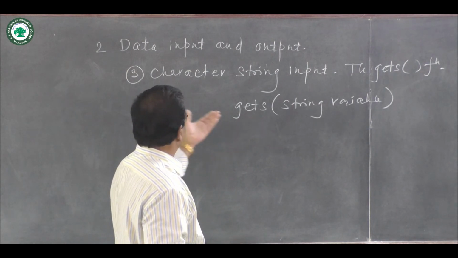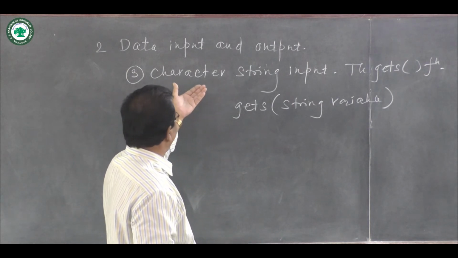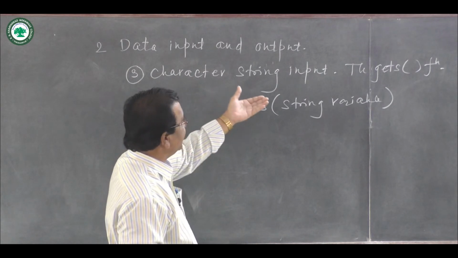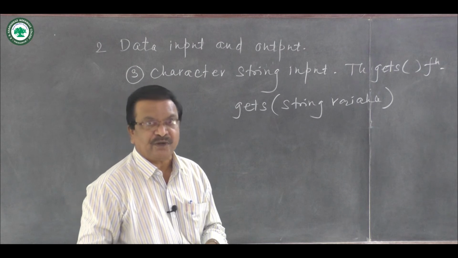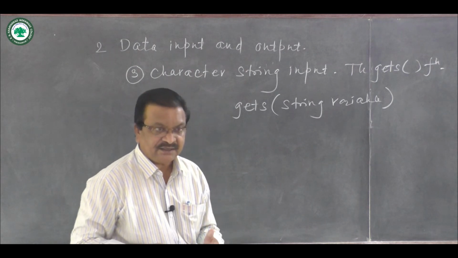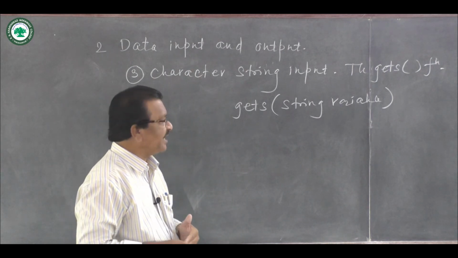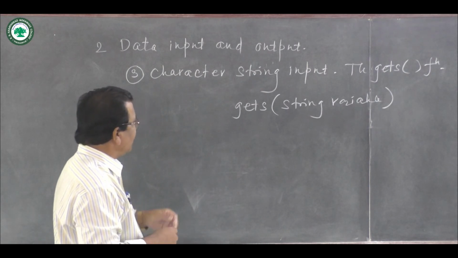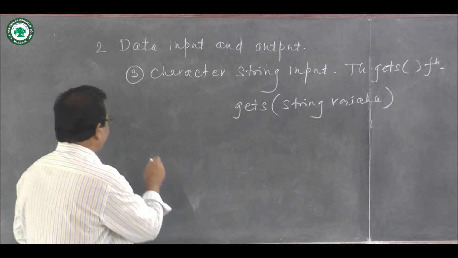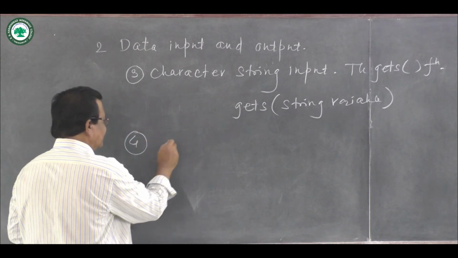As usual, the gets function is again part of the standard C input-output library and is used to return a string of characters or a sequence of characters. Then, complementary to gets, we have the puts function.